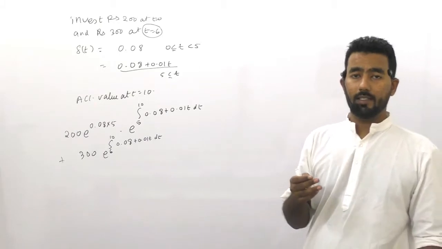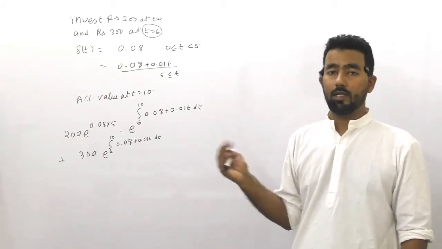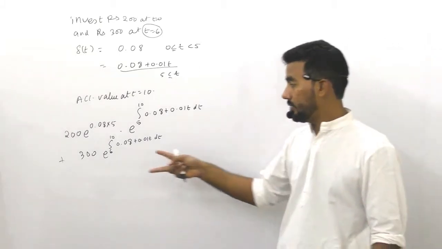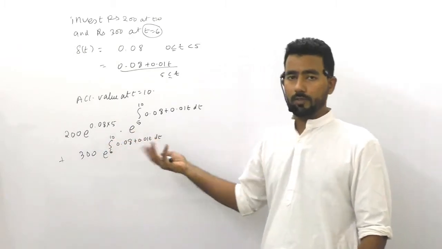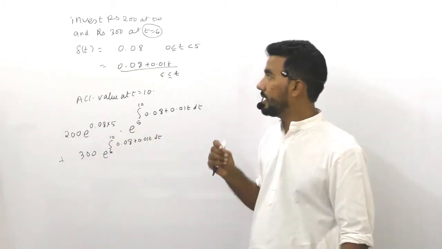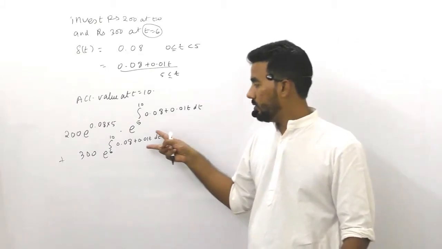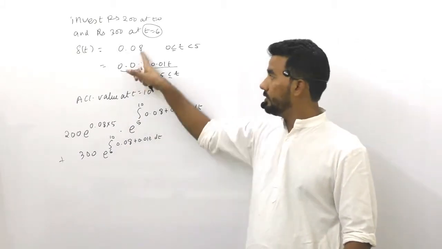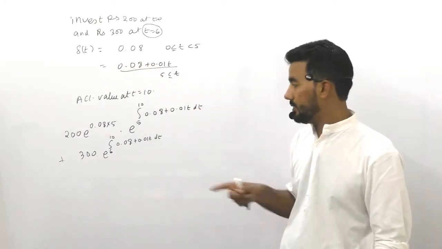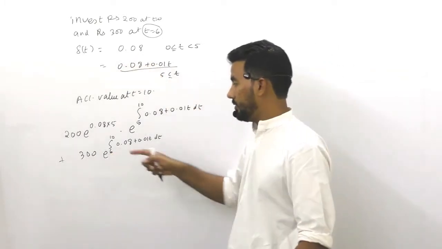So any interest rate applicable before time 6 is useless in this kind of a question. For any cash flow that occurs after time 5, whether at time 8, 9, or 10, I'll be using only this kind of integration. So the first part is useless in the second part of the equation.